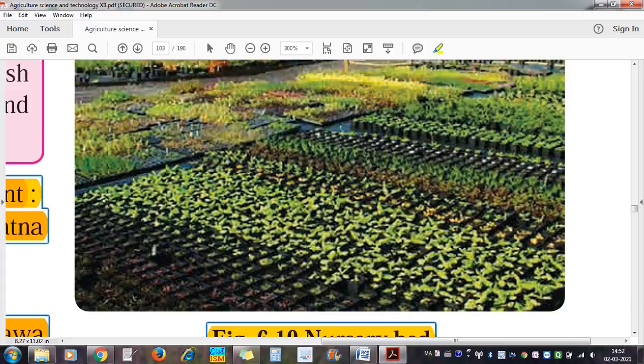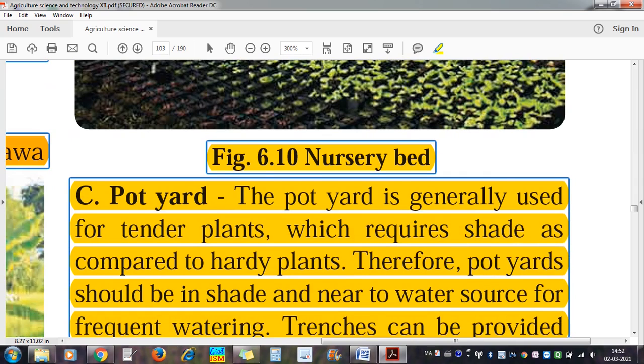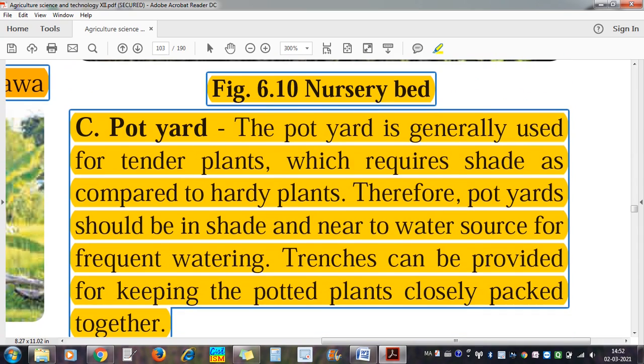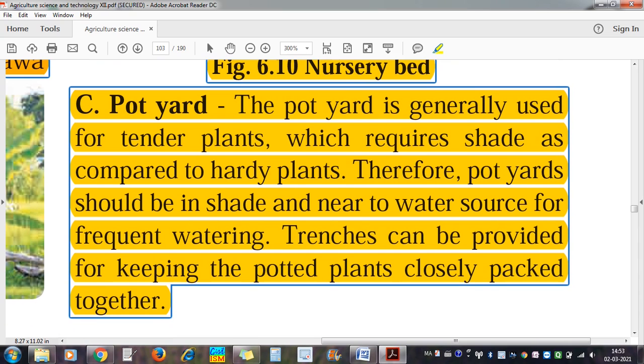Third thing, that is the pot area. Now pots are used for tender plants, small plants, and they are to be kept in shady areas. Direct sunlight on the pots should be avoided. Otherwise, there is a possibility of death of the seedlings.